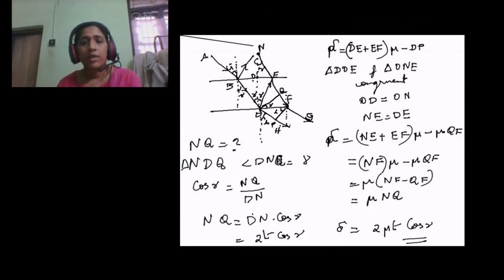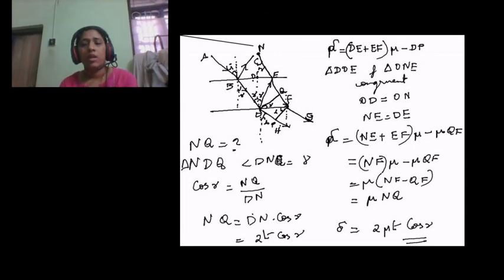For this we have to extend the EF line towards the point called N, where the extension of the normal from D meets the point N. Therefore the triangles ONE and DOE are congruent, so that OD is equal to ON and NE is equal to ED. Similarly, the angles are also equal. Angle ONE is equal to R because ODE is equal to R.